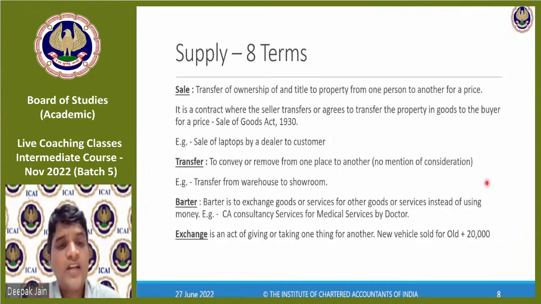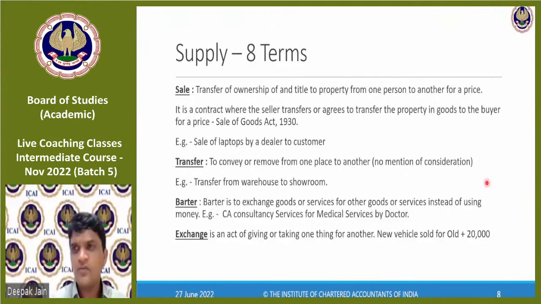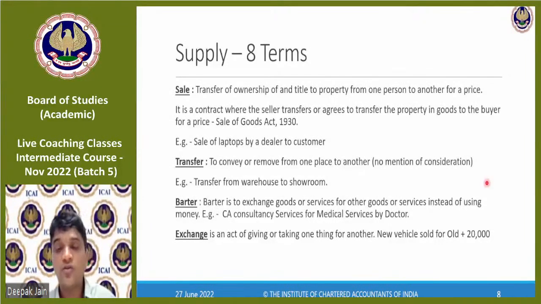Barter means exchange of goods or services for other goods or services instead of using money, right? When I give something, the other person gives me something in return of the same value, or at least I agree that this is good for me.